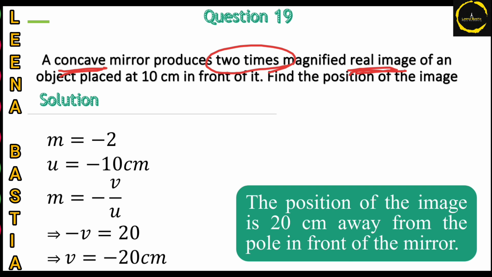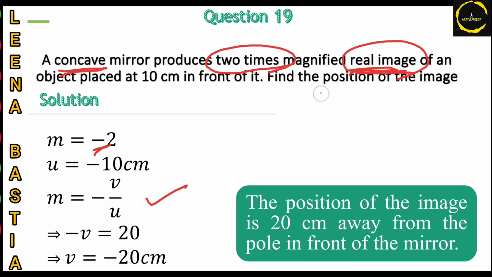Quite easy. So m equals minus 2. As I have explained, it is minus because it is a real image of a concave mirror. If it was given as a virtual image, then it would be positive. U is always minus, so it is minus 10 centimeter. Let us substitute. It is a very simple question.